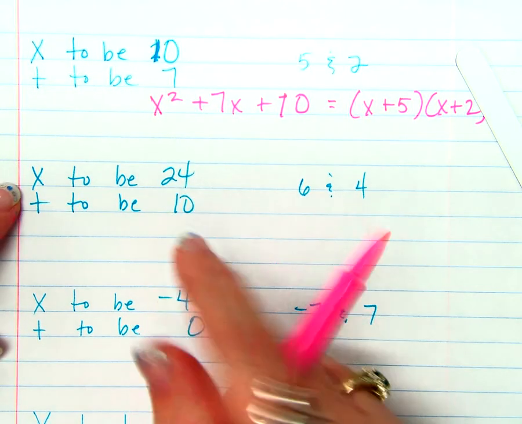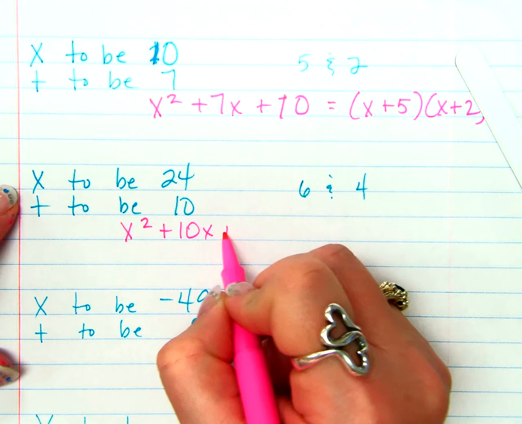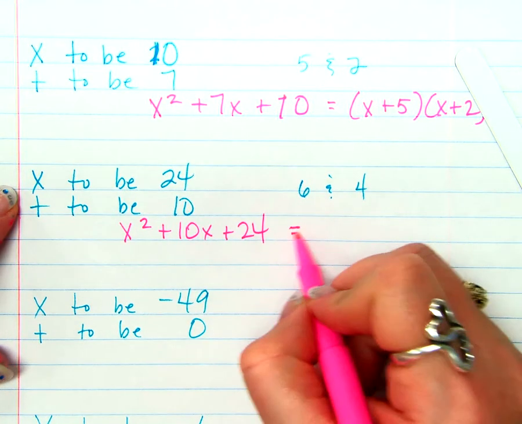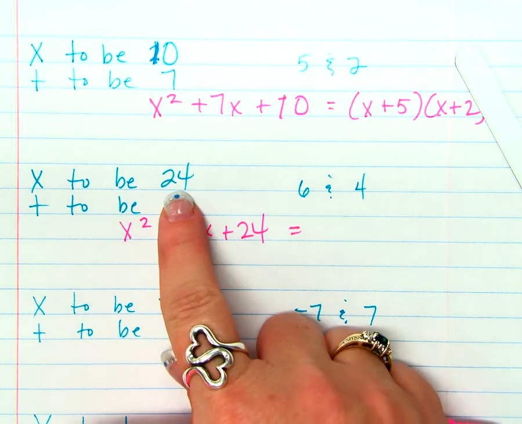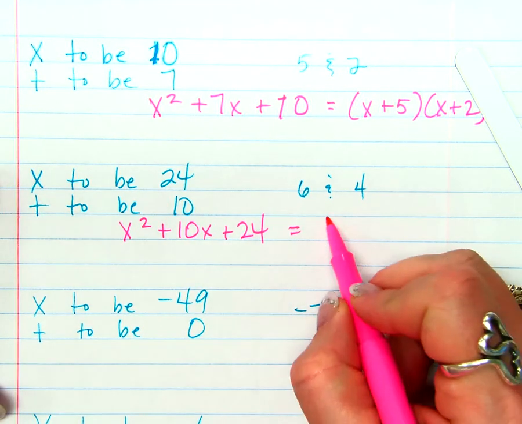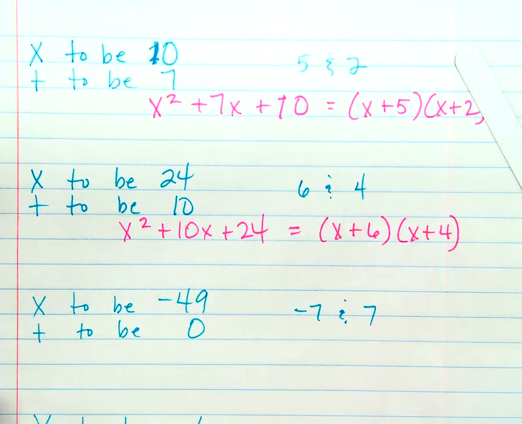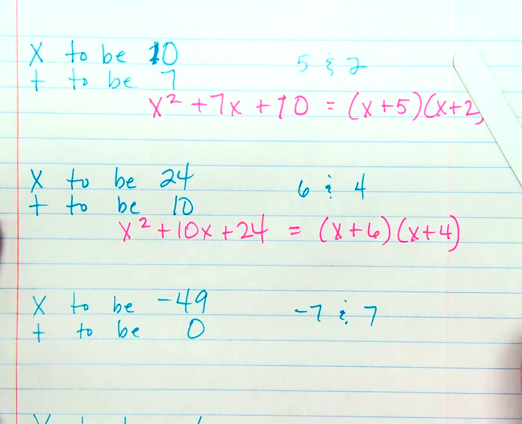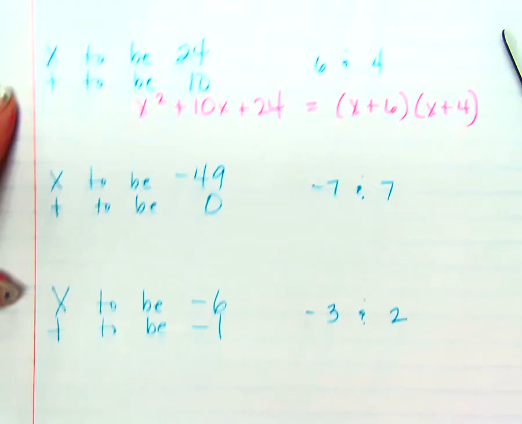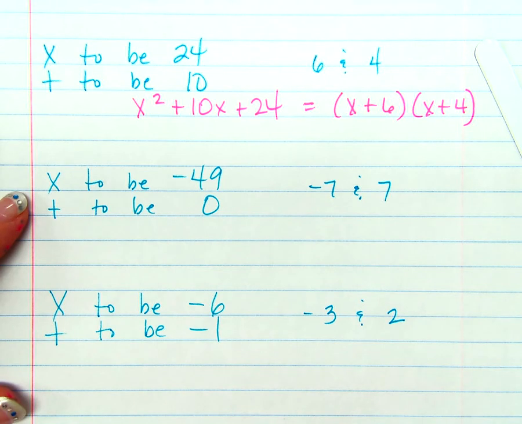This problem will look like x squared plus 10x plus 24. And I'm going to write my answer by thinking, what two numbers multiply to be 24 and add to be 10? X plus 6 and x plus 4. And this one was kind of a trick one, because it's not really a trinomial at all, is it?